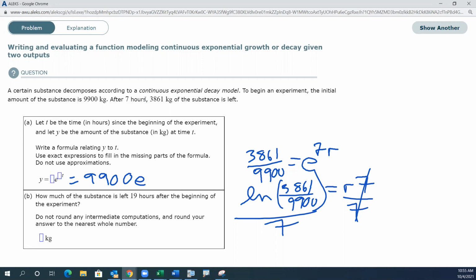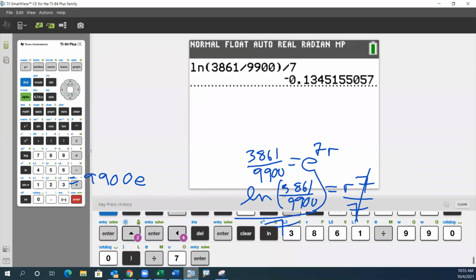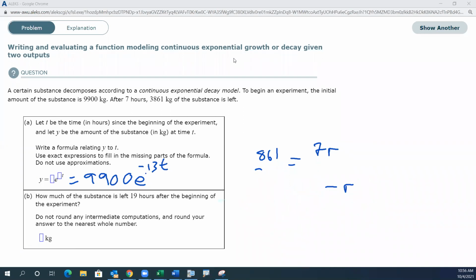So yeah, it's going down, and when it's going down in the CERT equation, R is negative, so this makes sense. So negative 0.13 is cool, I guess. Negative 0.13 t. All right, cool. So we got that. And now we're ready to keep rolling.